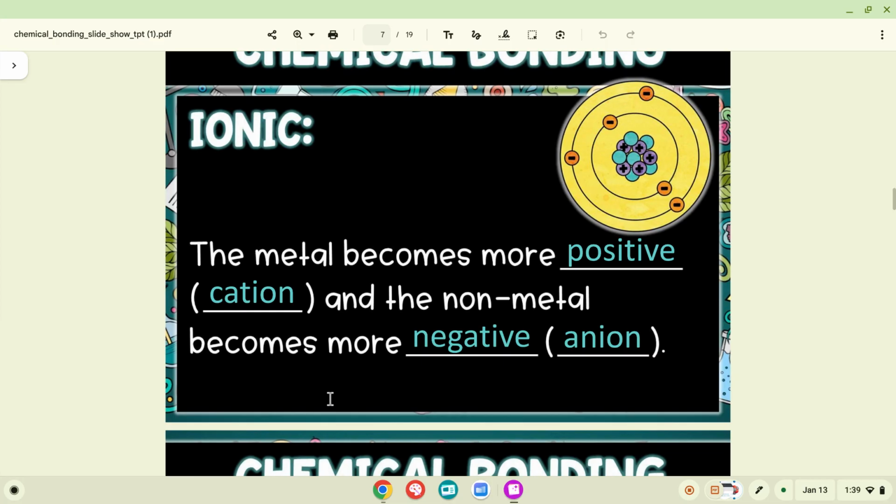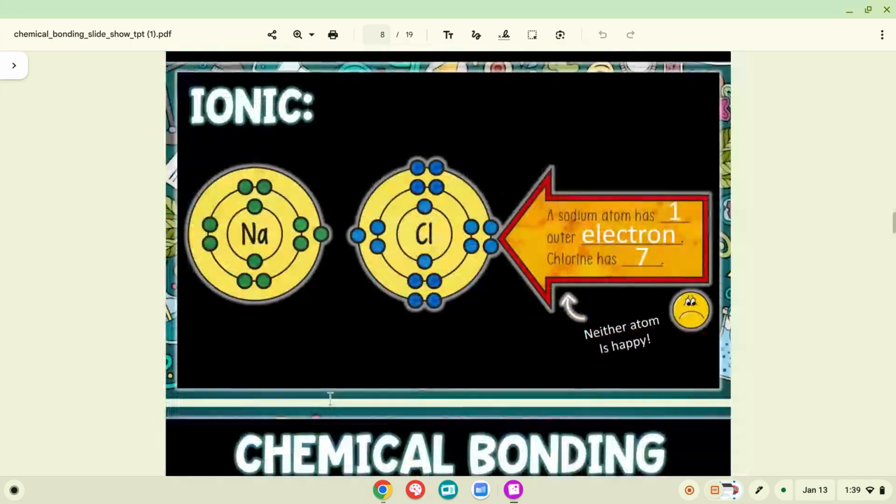So a good example of this would be like sodium chloride. Sodium is in the metal part of the periodic table. So the sodium becomes a plus, Na+. The chloride, which is not a metal, becomes negative. And it becomes like Cl- in that interaction.